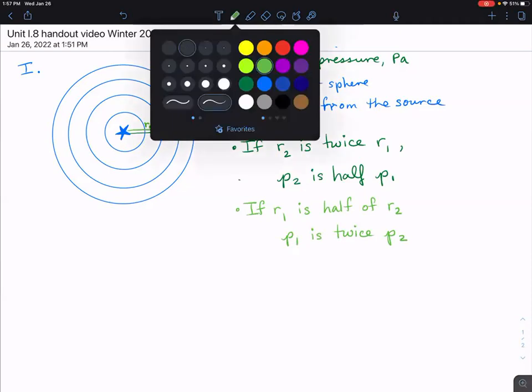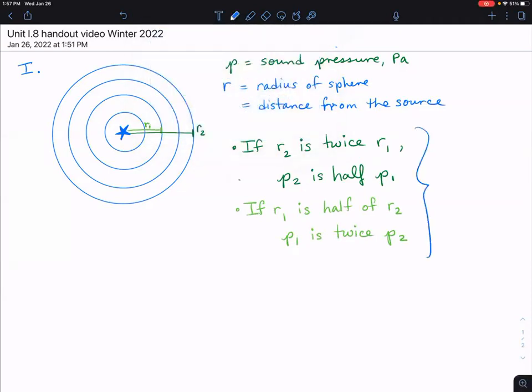And from that, we see the relationship is that the sound pressure is inversely related to the distance from the source, the R value. When one goes up, the other one goes down. Okay, so we have an inverse relationship there.